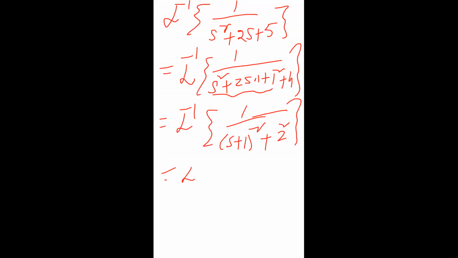So L inverse of 1 by s plus 1 whole square plus 2 square, we have to apply the first shifting theorem. So first we multiply e power minus t, because we have to convert s plus 1 to s. Here plus 1 is available, we write the opposite sign, minus 1. We multiply e power minus t, then automatically s plus 1 is converted to s.